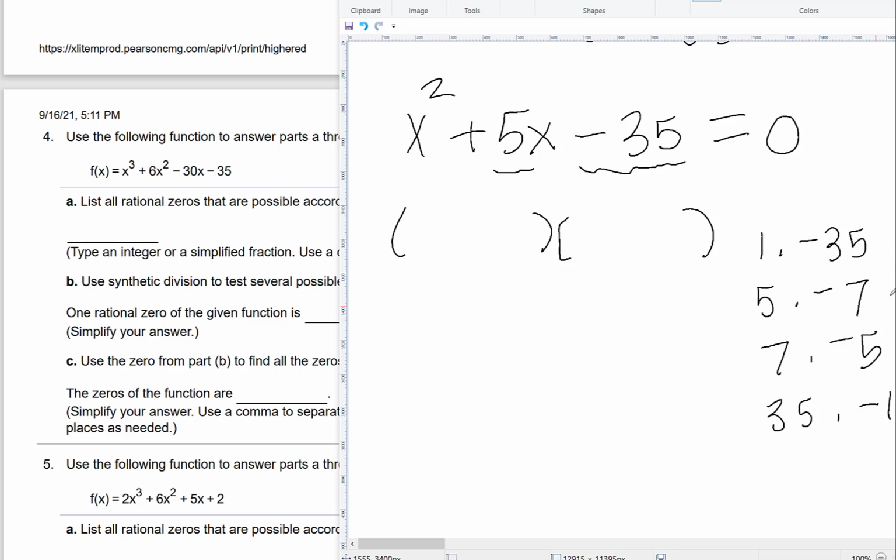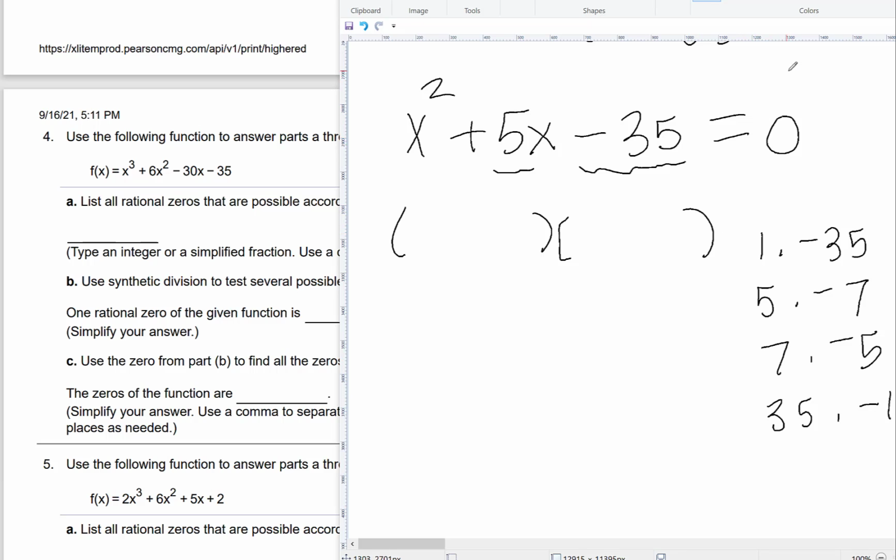These are all the combinations that will multiply to give us a negative 35. But if we put those in here as factors, none of them will add up to 5. This one would be negative 34, this one would be negative 2, this one would be positive 2, and this one would be 34. So none of these will work.